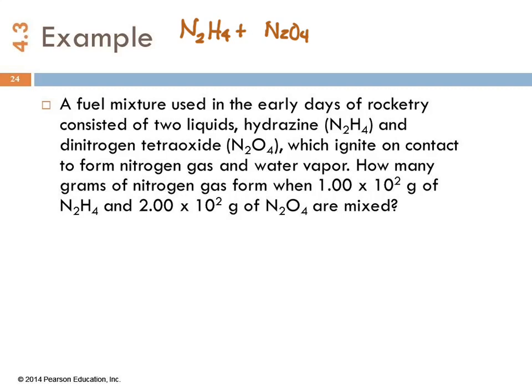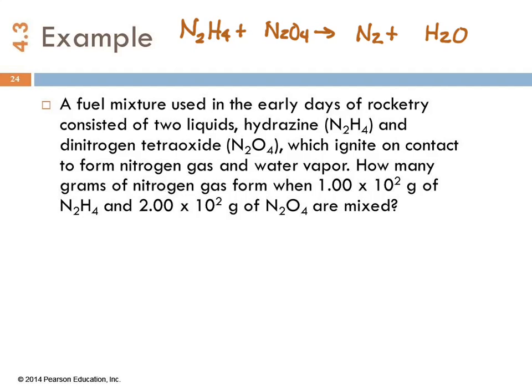I'm going to leave a space there because I may need a coefficient. They ignite to form nitrogen gas and water vapor. What is the formula for nitrogen gas? N2. Nitrogen is one of the diatomic elements. Here it is by itself, and so it's N2. And then water vapor is H2O. So we've got our reactants and our products.